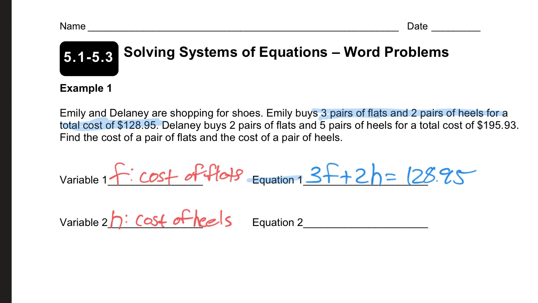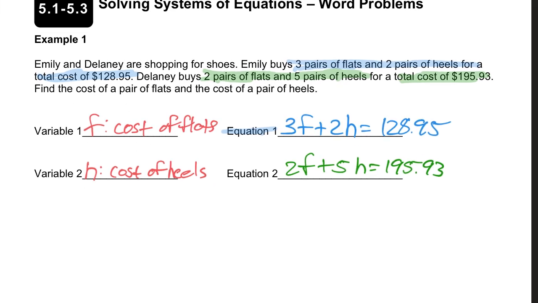Then I see 2 flats and 5 heels for a total cost of 195.93. So that is going to be written as 2f plus 5h equals 195.93. So there is our system of linear equations, and now we need to solve this.